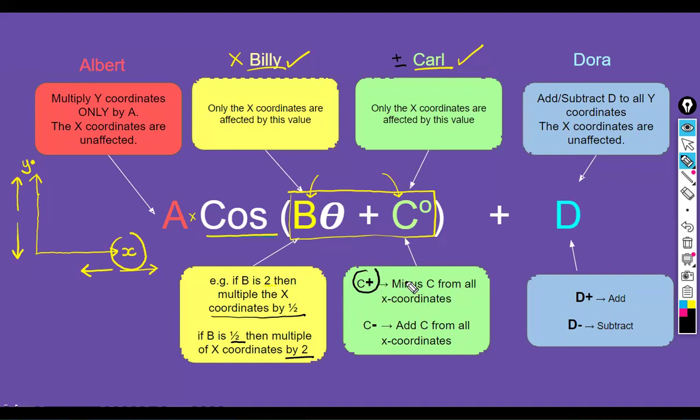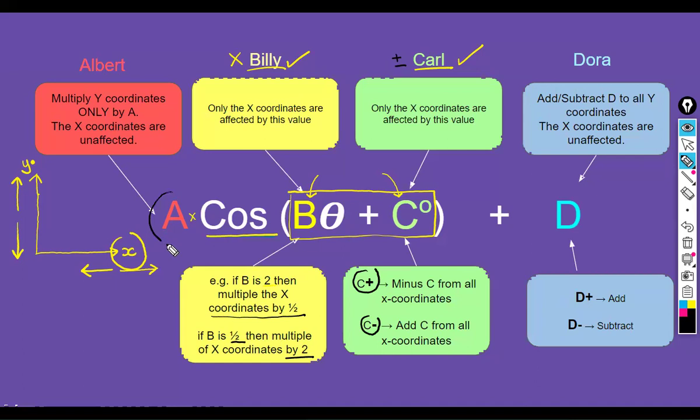But in reality, we just have to minus it. Don't try to think about it too much. Just follow the instructions. And if C is a negative value, like if Carl was -3, you would actually go to all the x coordinates and add 3.